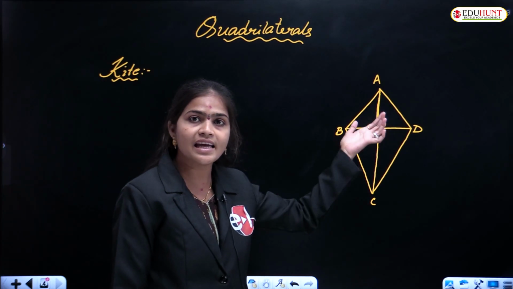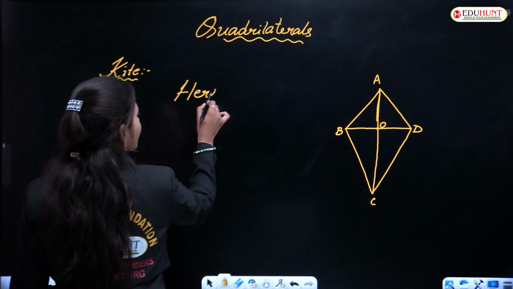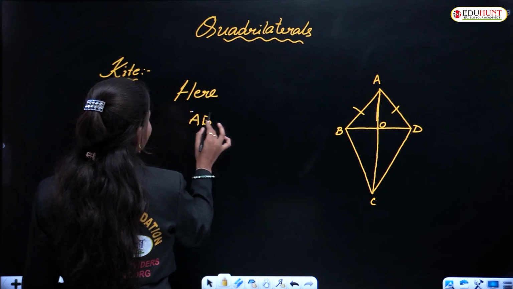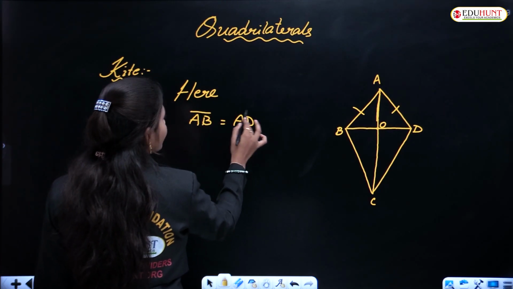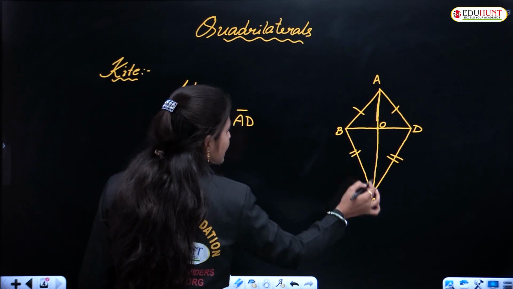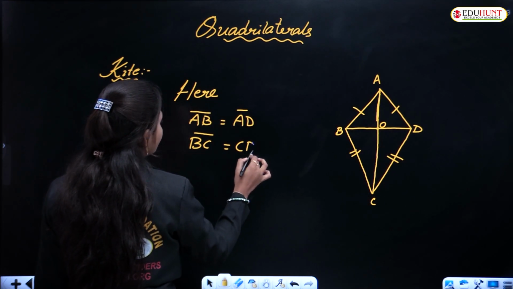Two pairs means here we have to conclude that AB is equal to AD, and BC is equal to CD.